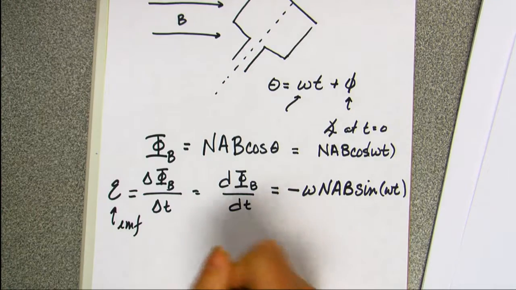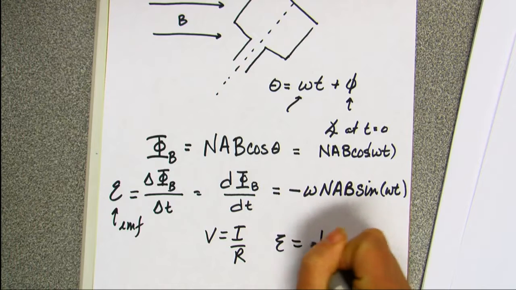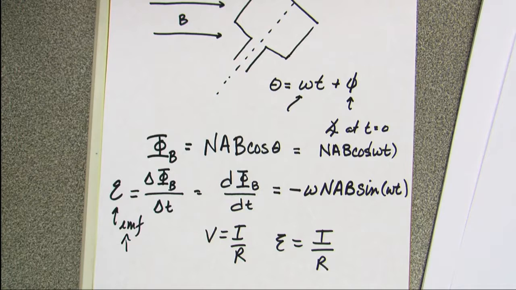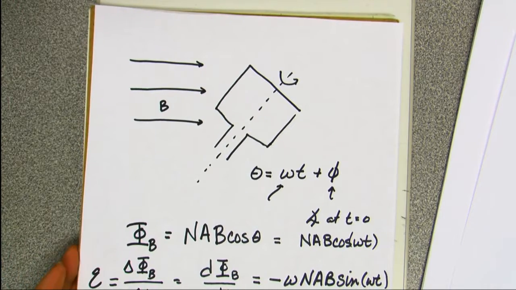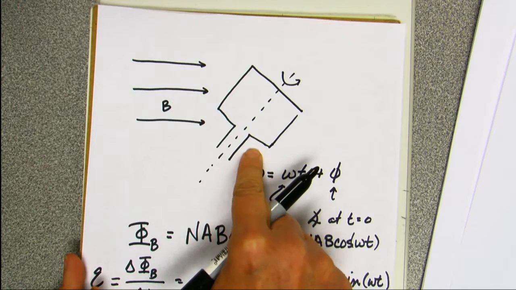It's still V is equal to IR. Guess what? E is equal to IR. We just like to confuse the issue. Now, when you get into circuit engineering, the circuit engineers are going to confuse the issue even more. Usually what's happened is they've been playing in the EMF world, because if you think about what we're really trying to do, we're engineers, or we're trying to be engineers, and we want this thing to do something for us, right?